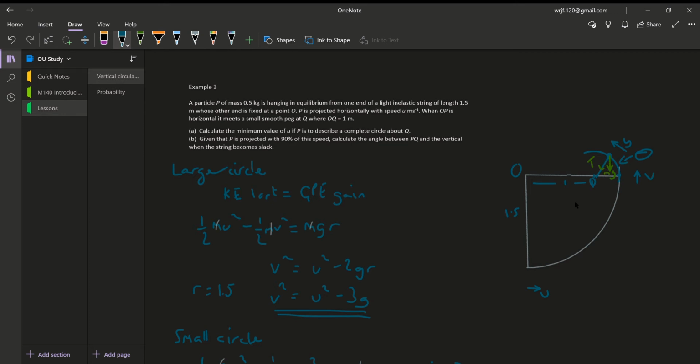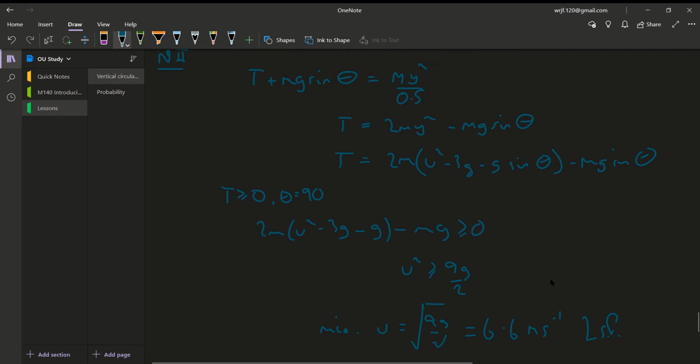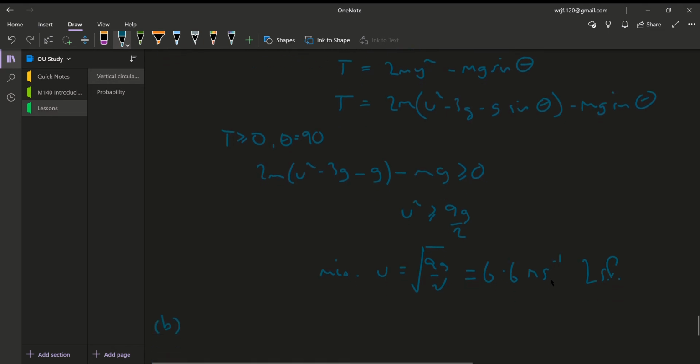And that's why it was a good idea in the first part to have this general expression for t in terms of theta, because now we've saved ourselves lots of repetition, since we've already established the relationship between the tension and the angle.